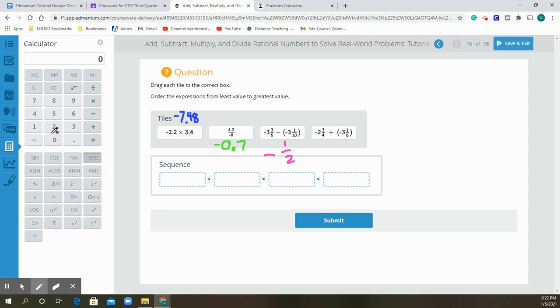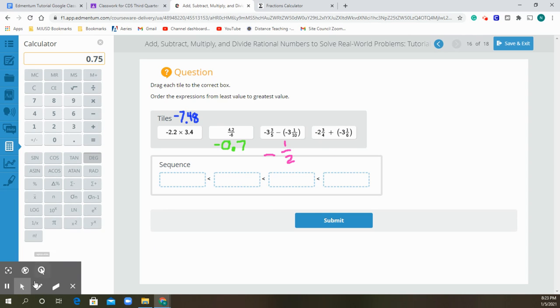So this one, I want to convert these into decimals because I think it'll be easier to do the decimal numbers than the fractions. So 3 divided by 4 equals 0.75.